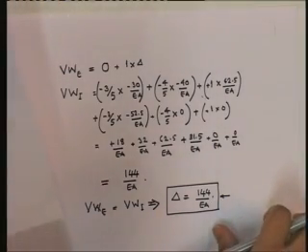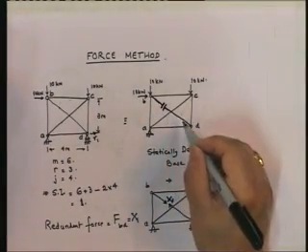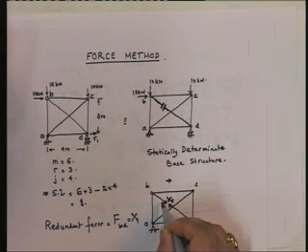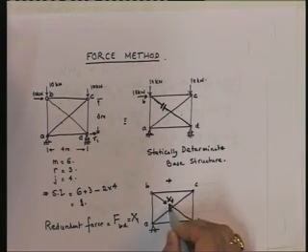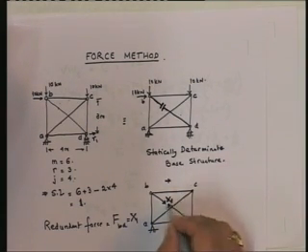The next step now is to find out what? We found out how much this has opened up by. Now we need to find out what is the displacement at this point. So for that, what is the real load? The real load is this. To find out the overlap, what do we need? We need to apply the same virtual force.